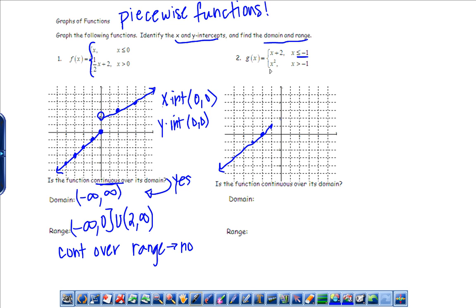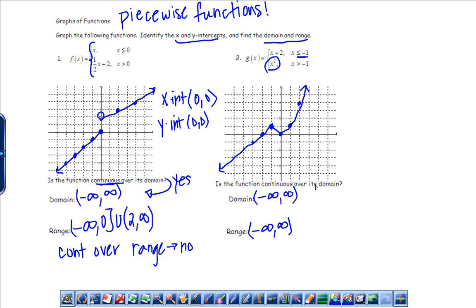And then this is just a parent function for a parabola. If you notice, I did go ahead and color this in because it was already shaded in from my equation or my line. So it's still going to be colored in. Domain looks like it's continuous. And then range looks also continuous.